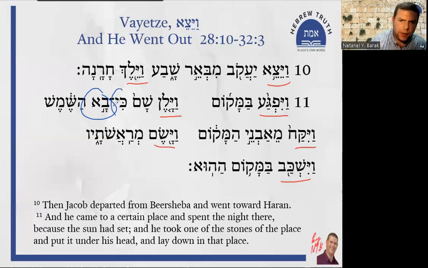Because following the word ki, this is a dependent clause, a subordinate clause, if you will, explaining the narrative. What happened that led to the narrative verb preceding it? He spent the night over there because the sun had set.